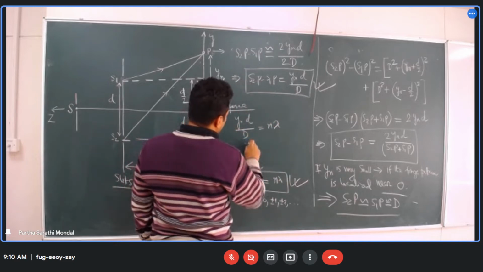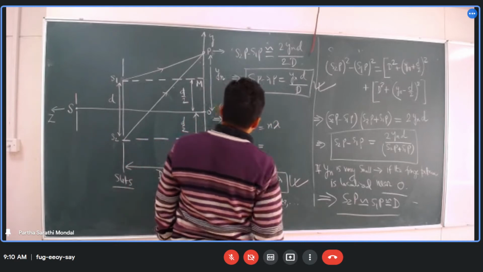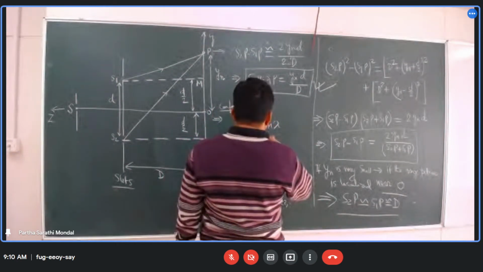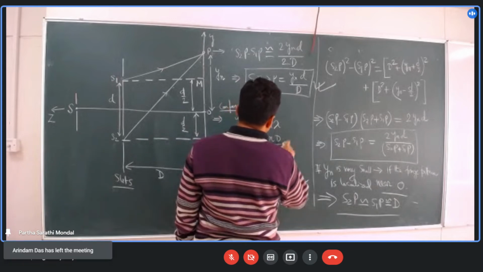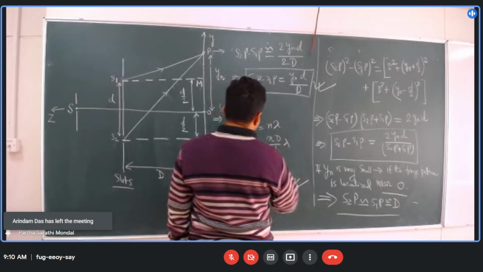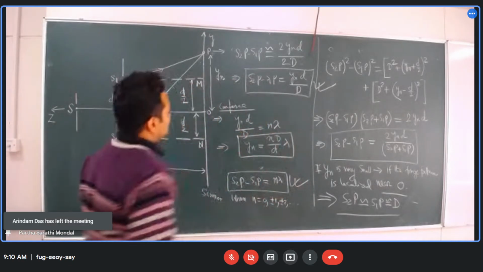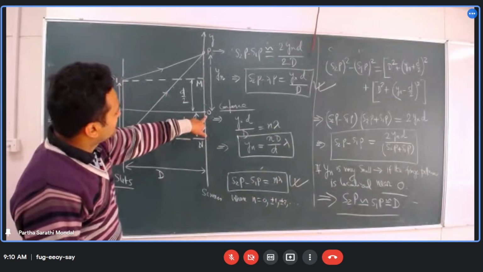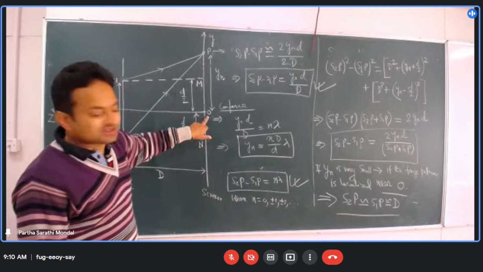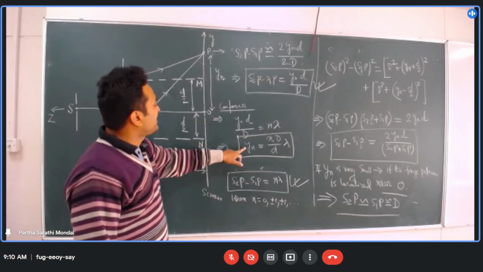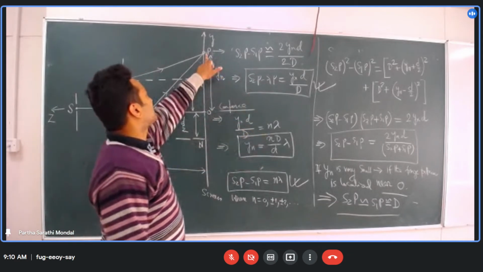So that means yn equal to nD by d into lambda. So from O point, the central point of the screen, if you move y distance, you will get a maximum.